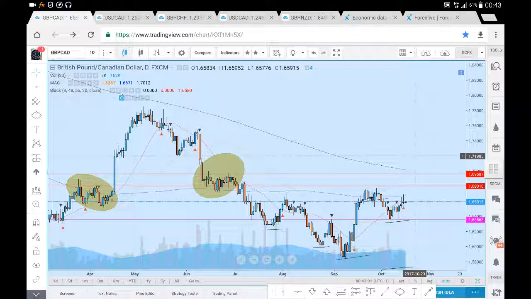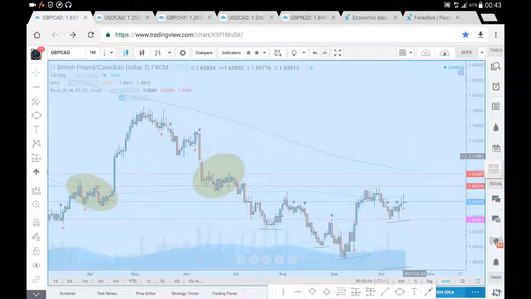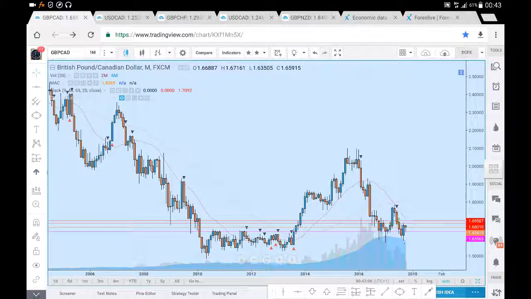So let me just have a look at the monthly time frame and see where we are. So back in 2010 to 2014, we went into a very long period where the prices ranged. We did break out to the upside, and we have subsequently broken down on the Brexit news and the subsequent Brexit related uncertainty.